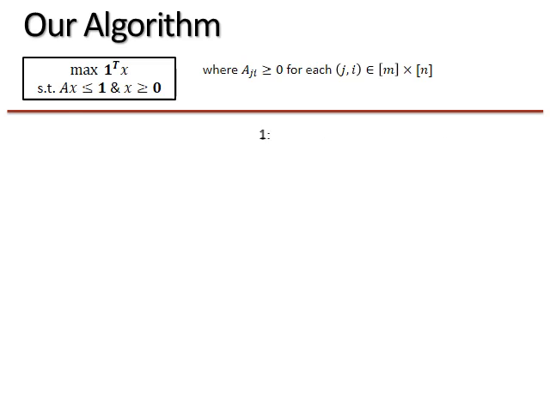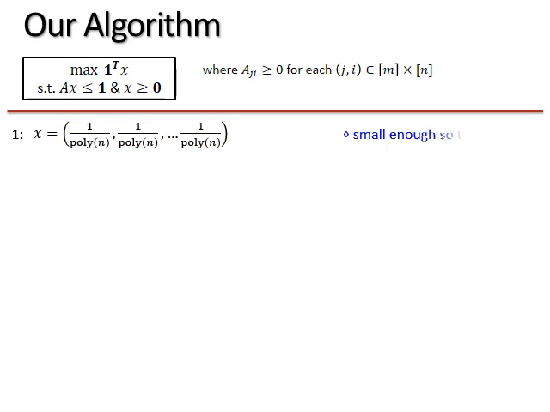So line 1, initialization: choose a vector x that is positive but small enough, satisfying Ax less than or equal to 1. Believe me, it's going to be very simple. Line 2, choose some parameters, mu and alpha.